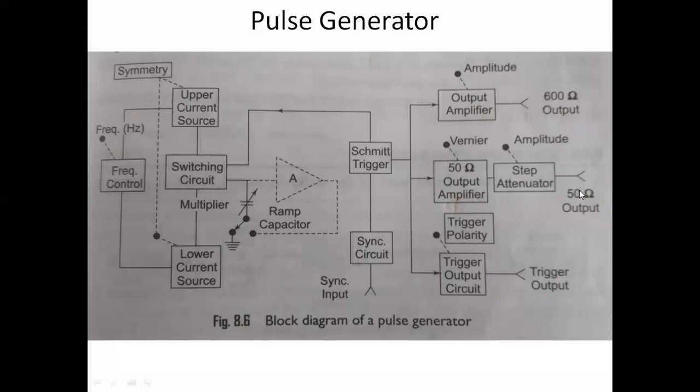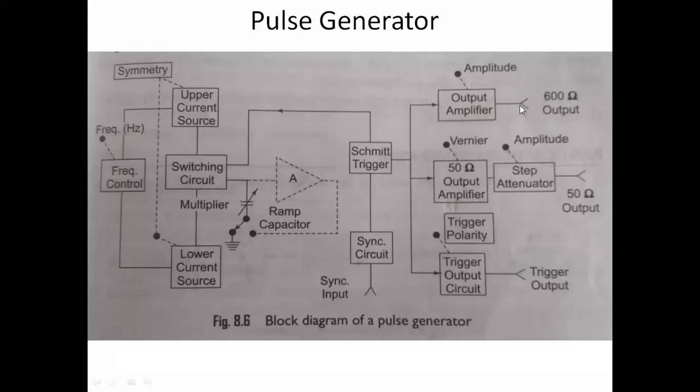With a peak of 5 volts, it produces a falling step of 5 nanoseconds. And similarly for the 600 ohms output, we can get 30 volts peak output voltage, so we can get different voltage ranges.